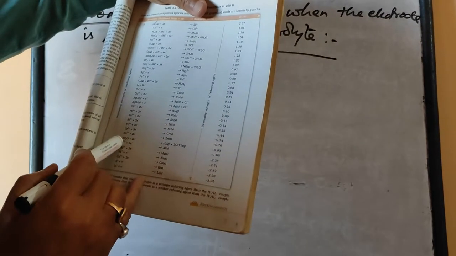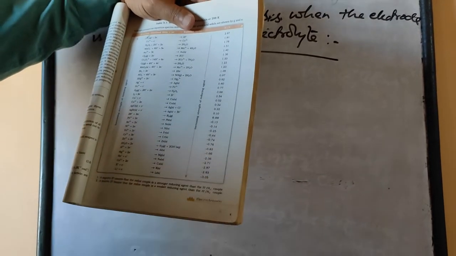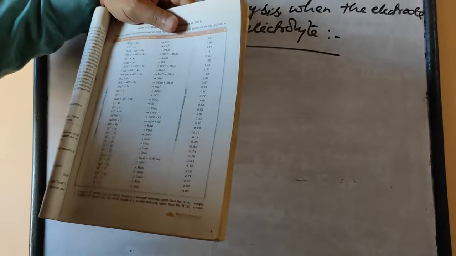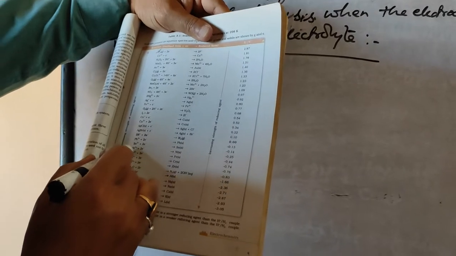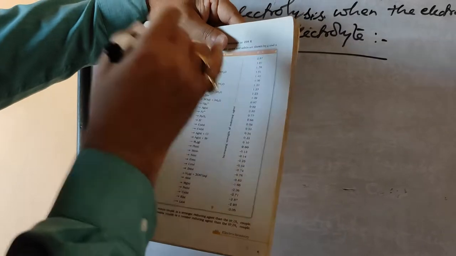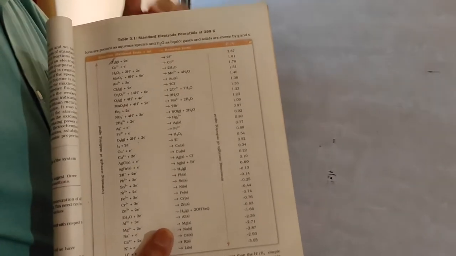Now, for metals whose reduction potential value is higher than -0.83 volt, like zinc, chromium, iron, tin, lead, silver, copper, if you do electrolysis of an aqueous solution of their salt using a platinum electrode, at the cathode we always get the metal.